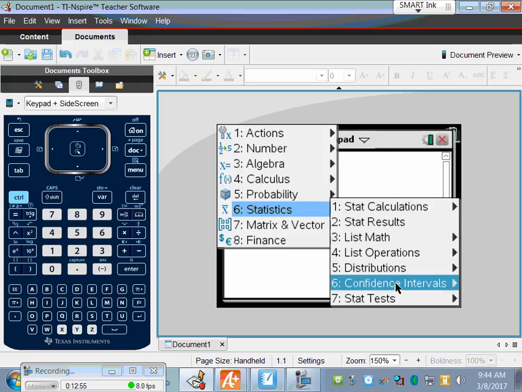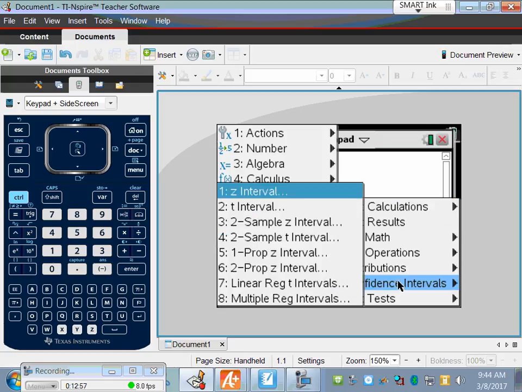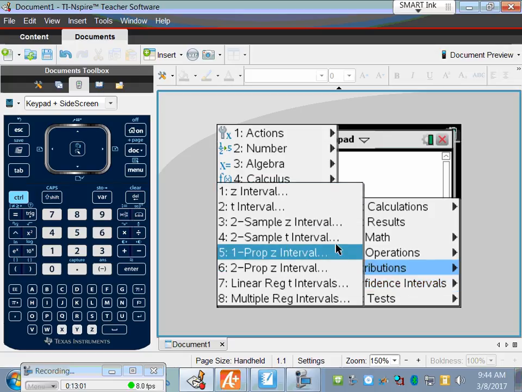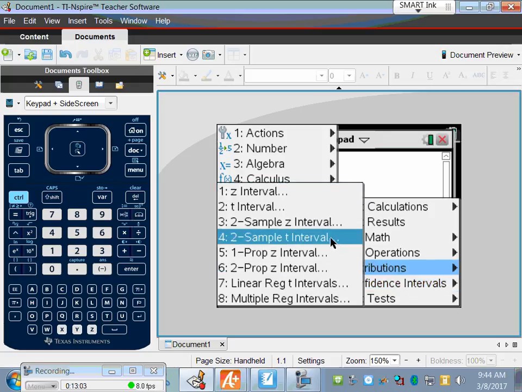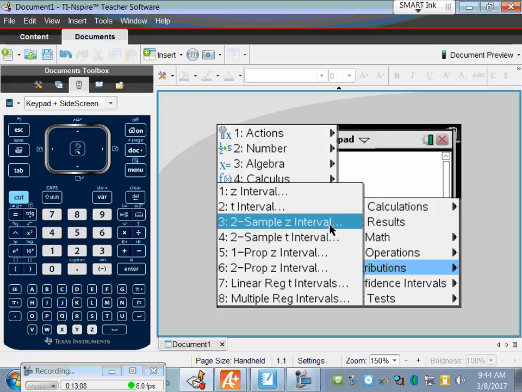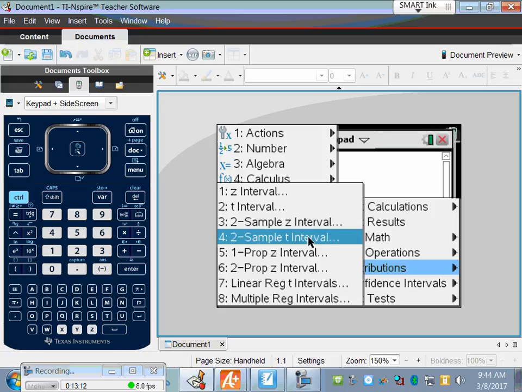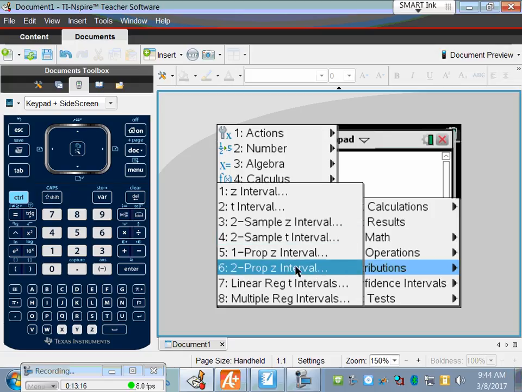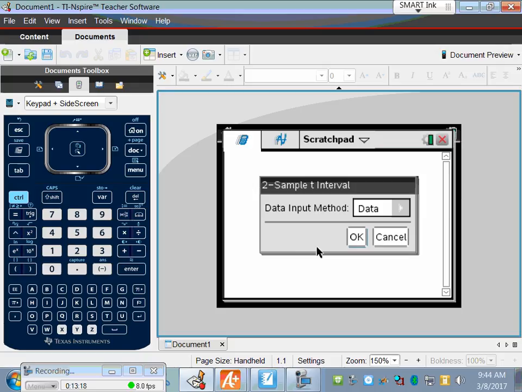And this time we want confidence intervals, right? We're back to confidence intervals on this problem. And we have a 2 sample t interval. The 2 sample z interval is when you know the population standard deviation, which is pretty much never. So 2 sample t interval. The other one we were using was for proportions. So t, since we're doing means.